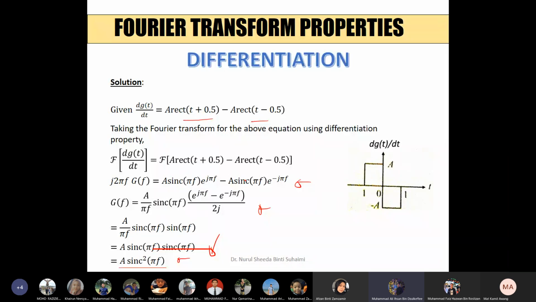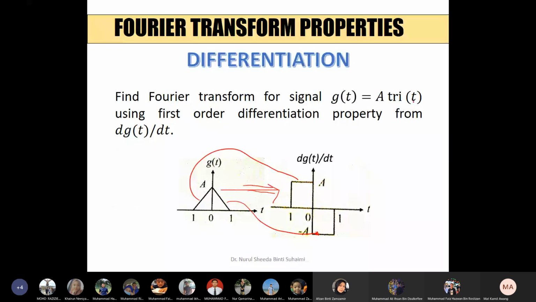Okay. So basically, first, because you are given this function, a triangle of t, we need to find the differentiation of this.